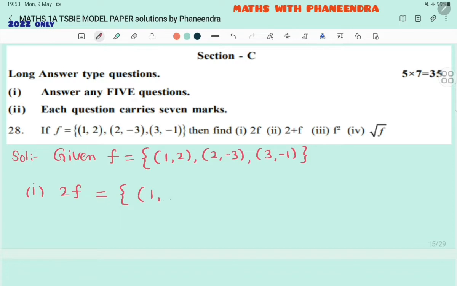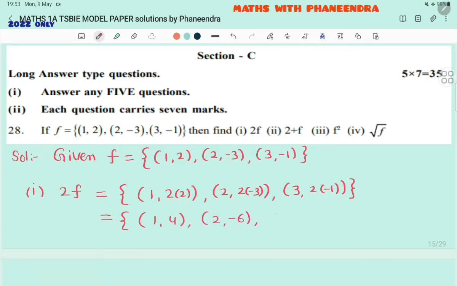So (1, 2 into 2), (2, 2 into -3), (3, 2 into -1), which is equal to {(1, 4), (2, -6), (3, -2)}. That is the value of 2f.